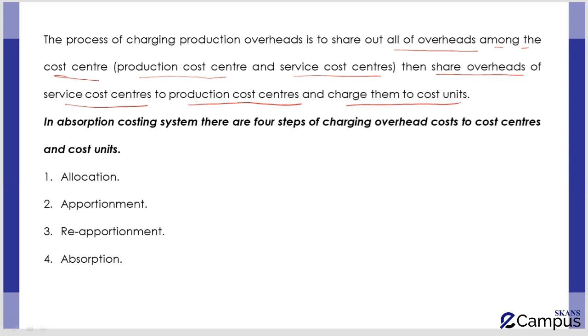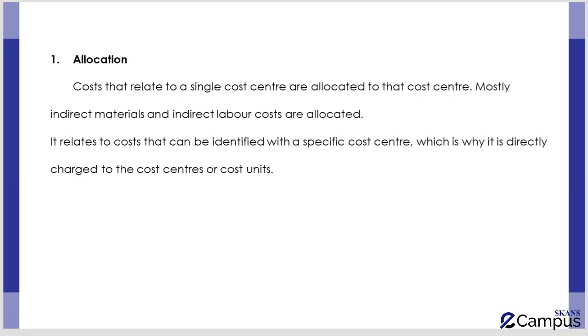So this is the whole process. For doing all these things, there are 4 steps of charging overhead cost to cost centers and cost units. Number 1, allocation. 2, apportionment. 3, reapportionment. 4, absorption. Now let's deal with them one by one in a little bit of detail.